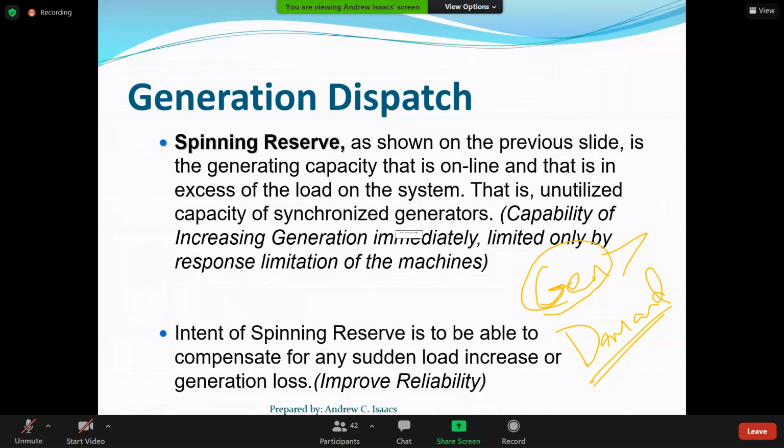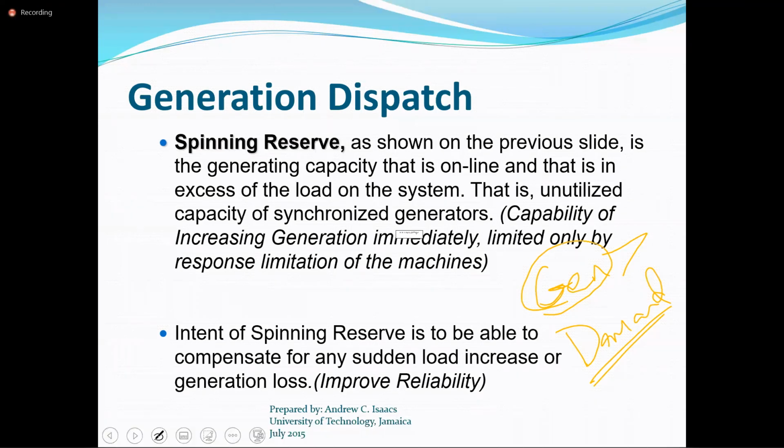But the key here is that you do not wish to have any one generating unit supplying more than 10% of the total demand, and the spinning reserve should be no less than 10%.